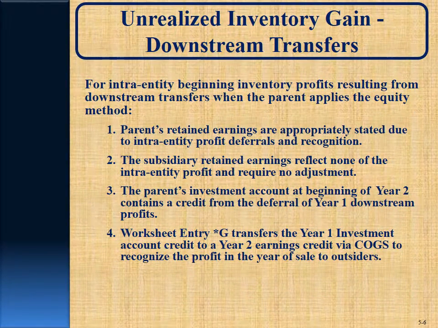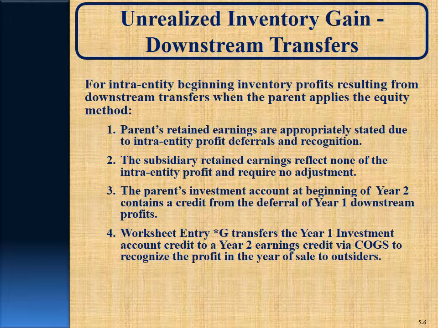So, for intra-entity beginning inventory profits resulting from downstream transfers when the parent applies the equity method, we're going into page 204. Parents' retained earnings are appropriately stated due to intra-entity profit deferrals and recognition.